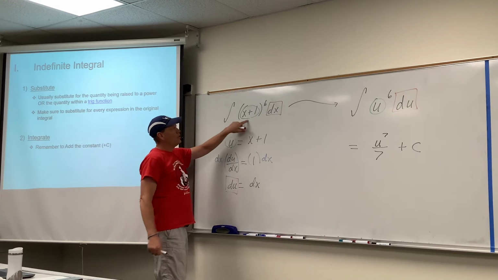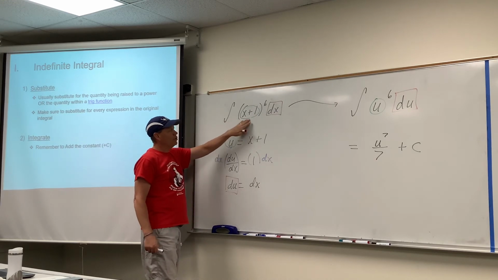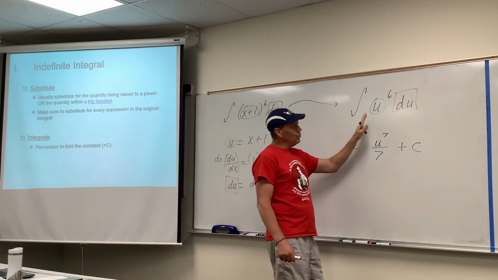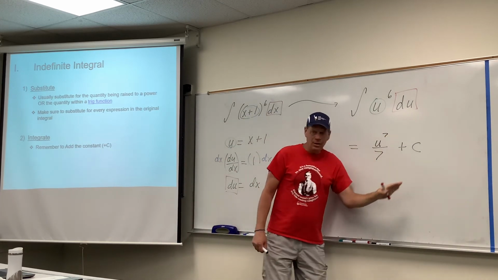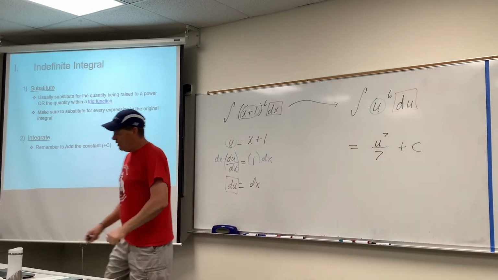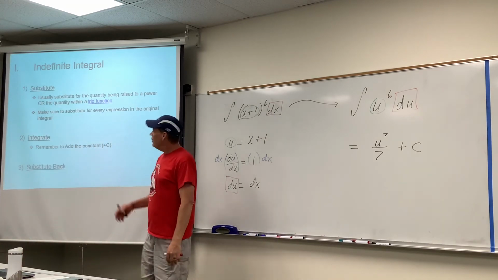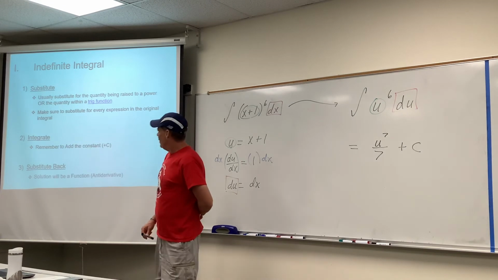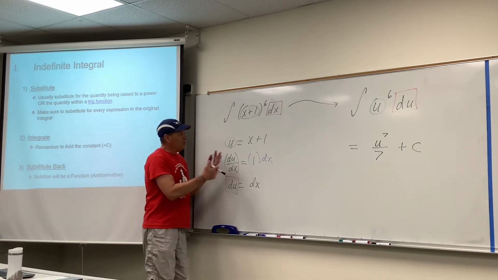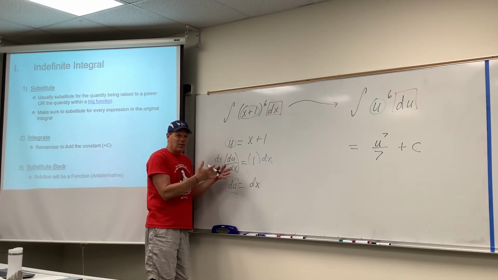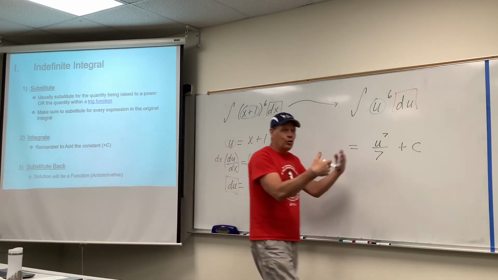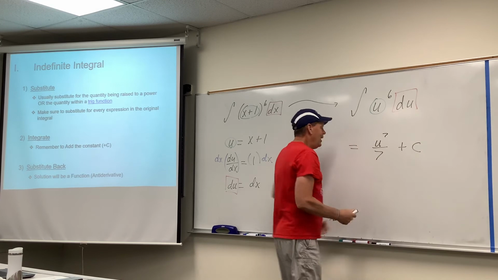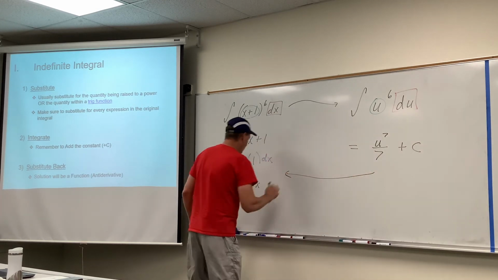And anyway, now here's the thing though. The original question was to integrate a function involving x. We were simply using the variable u to make the integration easier, but once we're done doing that integration, we need to remember to go back to the original x. So it's like x was too complicated, so we ran off with u, and then the u was easier to integrate, and then we go back to x.